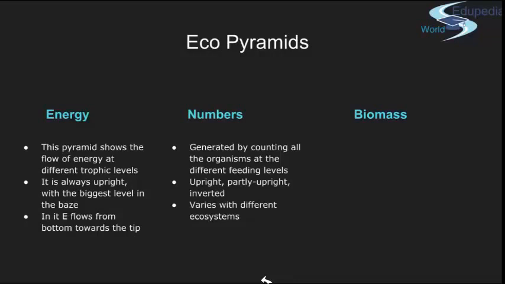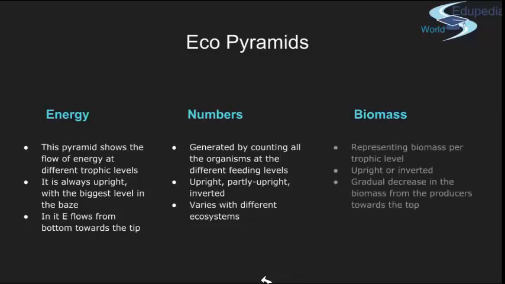And the last one is a biomass ecological pyramid, and it represents the amount of biomass per trophic level, so per level of the pyramid. Depending on the shape, it can be upright or inverted, and it also gradually decreases in biomass from producers towards the top. This is how they look.